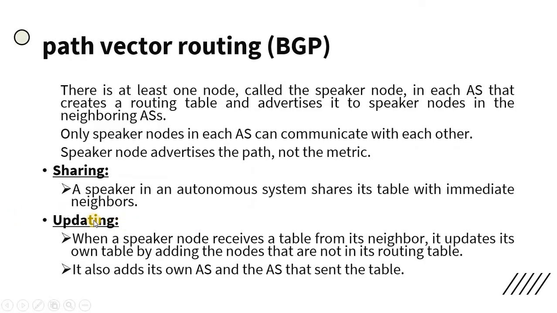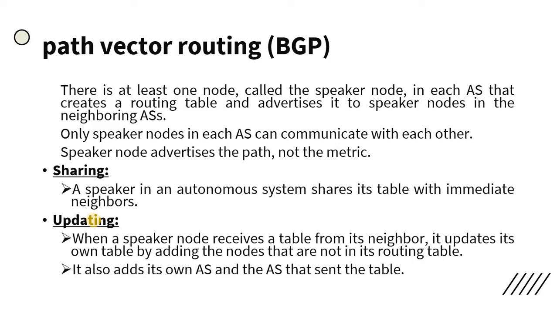Next is updating, how the routing table is updated. When a speaker node receives the table from its neighbor, it updates its own table by adding the nodes that are not in its routing table. It also adds its own autonomous system and the autonomous system that signed the table.